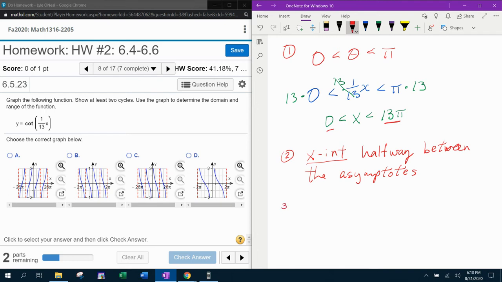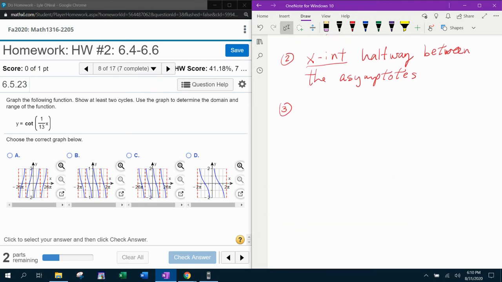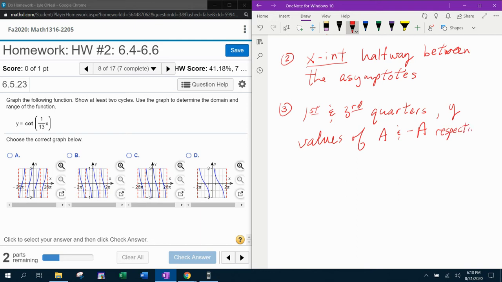And then step number 3. Since we're dealing with cotangent, we're going to say at the first and third quarters, we're going to have y values of a and negative a respectively, okay?